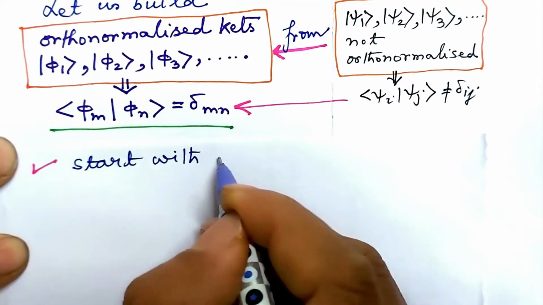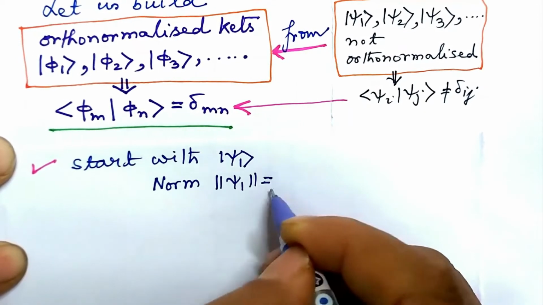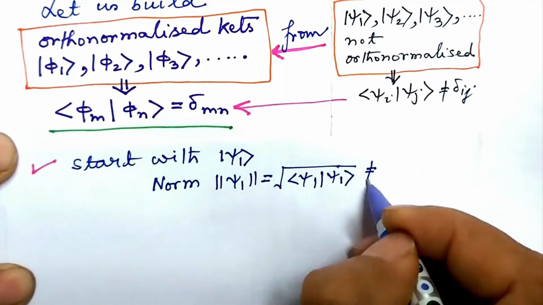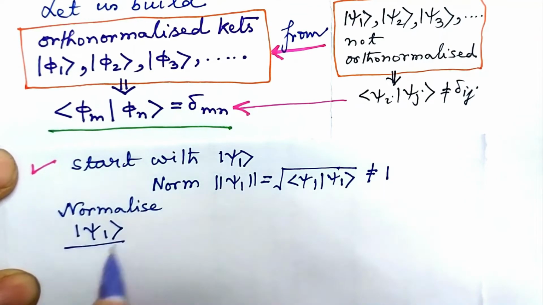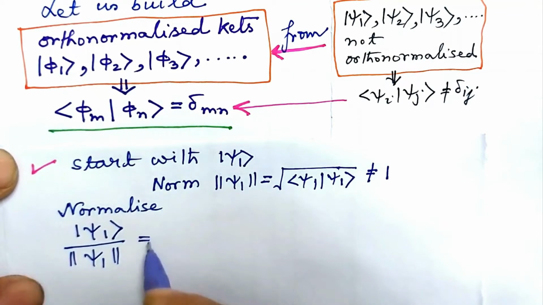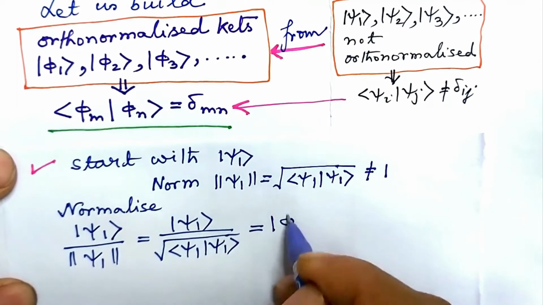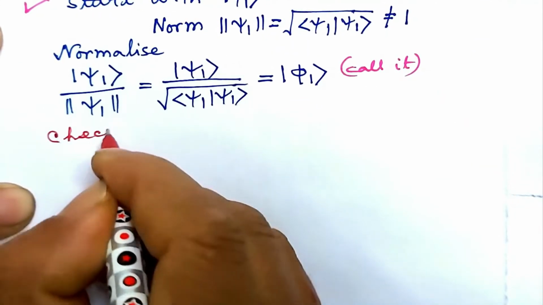Let us start with ket psi 1. The norm of ket psi 1, the square root of bra psi 1 ket psi 1, is not equal to 1. Normalize ket psi 1: divide by the norm of ket psi 1. This ket is say phi 1. Let us call it so. Check it.